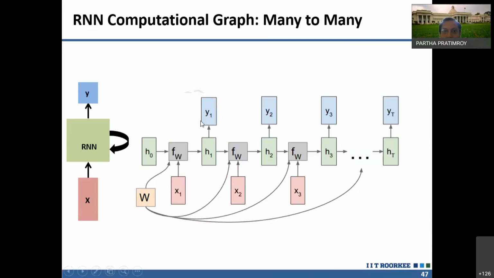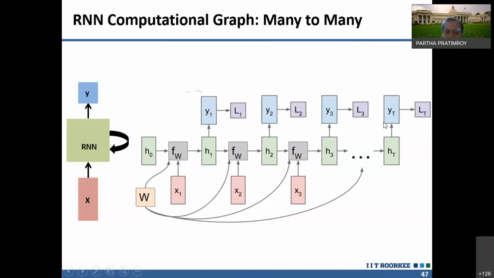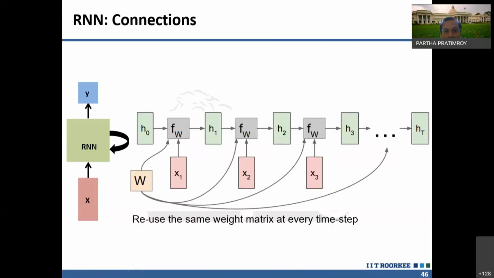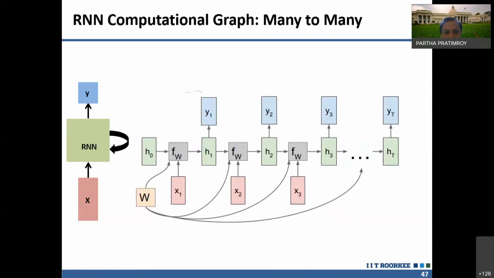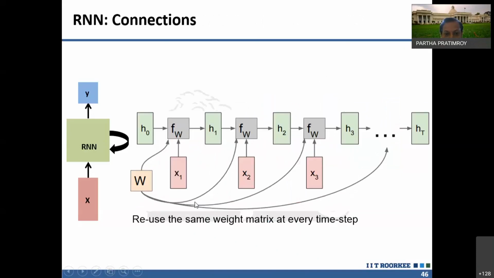And then if you want to receive the outcome, you can receive from H1 to Y1, H2 to Y2, H3 to Y3, like this. And then you will have loss functions L1, L2, L3, L4 from each of these outputs. So what we have seen now is multiple inputs but a single outcome.